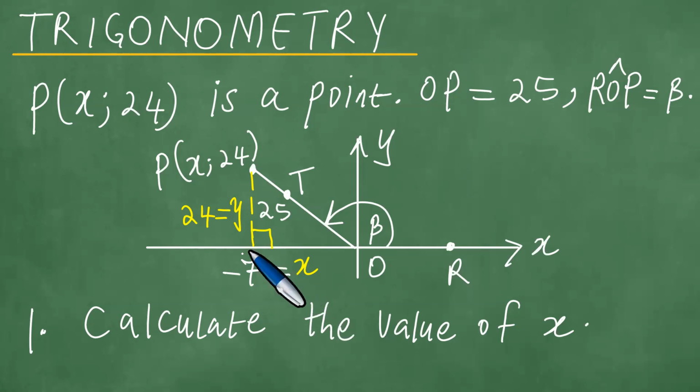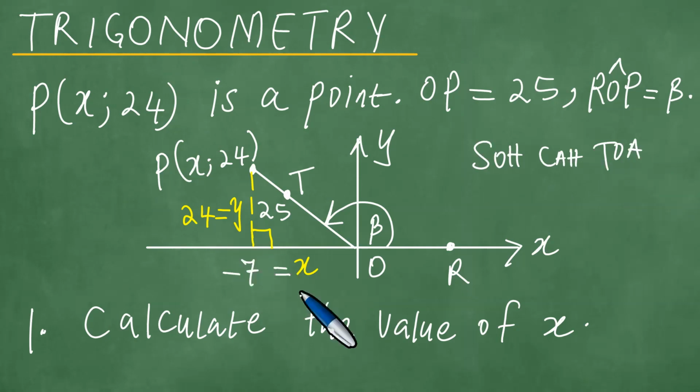Good. So because we know the tangent is, according to SOH-CAH-TOA, the tangent here is the opposite over adjacent, which is 24 over minus 7.